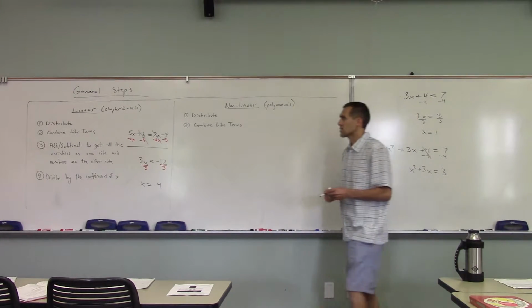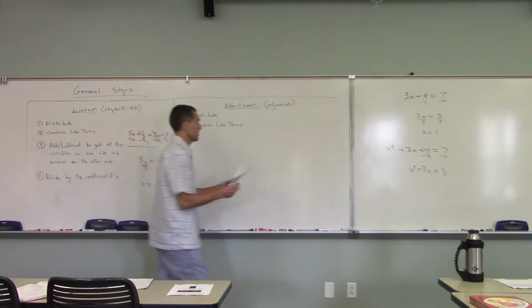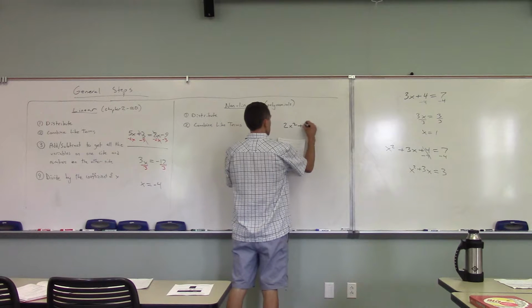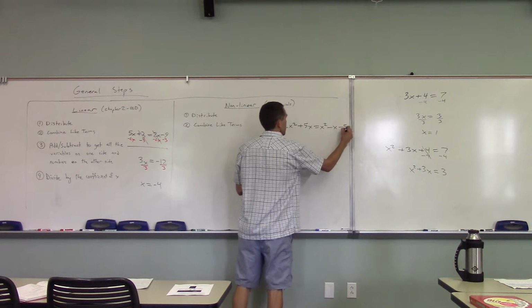And our next step is actually gonna be similar. So I'm gonna put one problem up here and just work through it with you. So here's an example over here. 2x squared plus 5x equals x squared minus x minus 5.